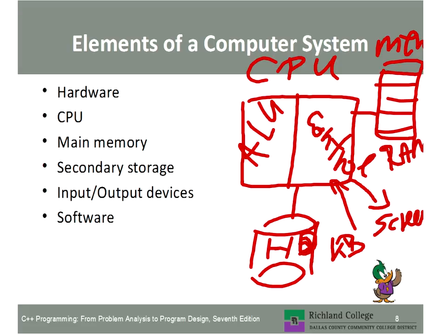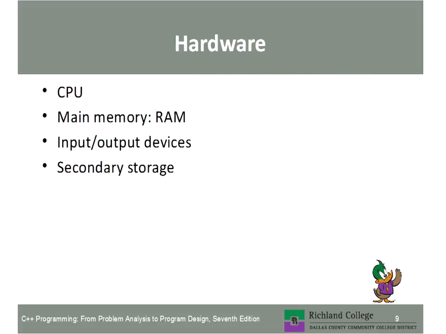All of this is what we refer to as a CPU. Output is what comes out of the system. So: CPU, main memory, input-output devices, and secondary storage.